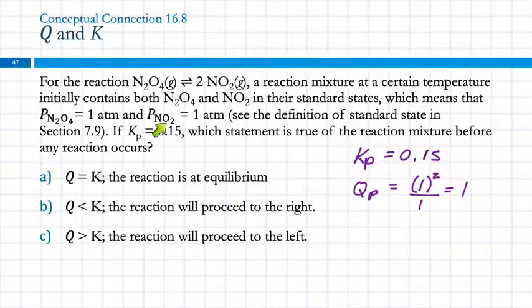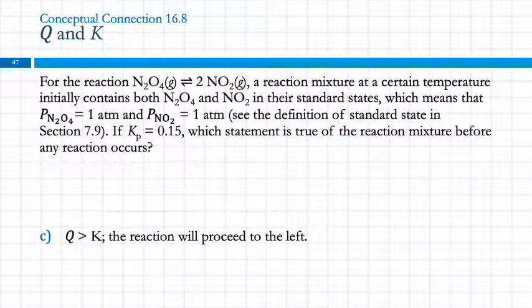So at their standard states, they're 1 atmosphere of pressure each, so Qp is 1. Is Q greater than or less than K? It's greater, right? So the reaction will go to the left. Any questions?